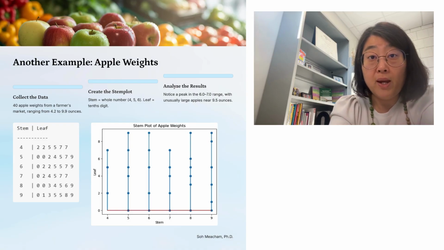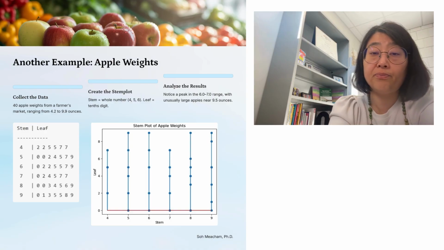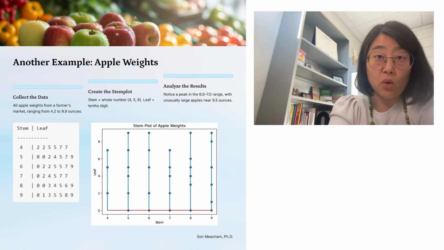So an apple weighing 6.5 ounces would be stem equals 6, leaf equals 5. When we organize this into a stem plot, we might notice a peak in the 6.0 to 7.0 range, with a few unusually large apples near 9.5 ounces.